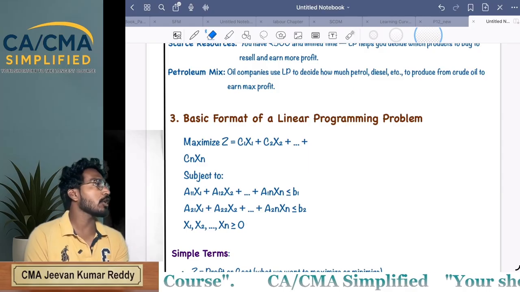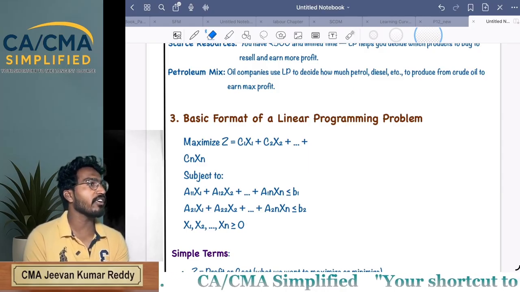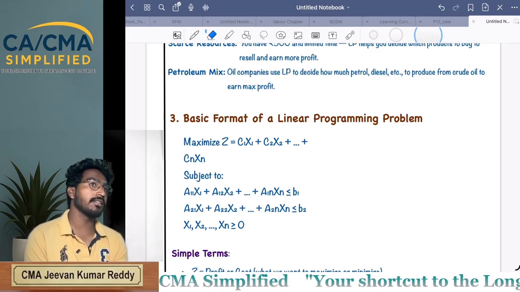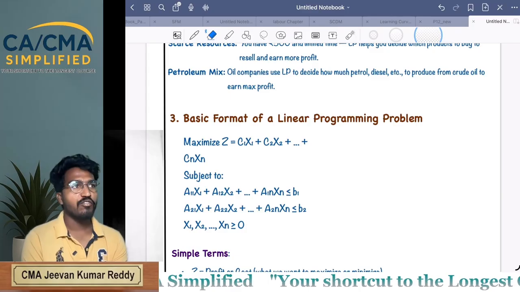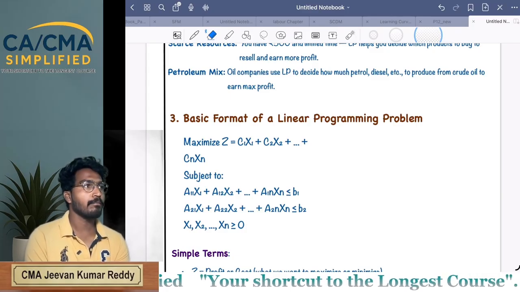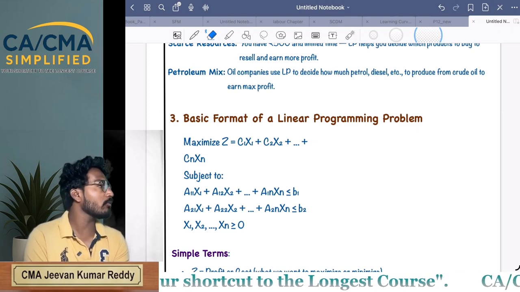What is the substance for petroleum? What is the input for petroleum? Crude oil. What is the input for diesel? What is the input for gas? Kerosene? Crude oil. Yes or no? So all these products are coming from crude oil only.